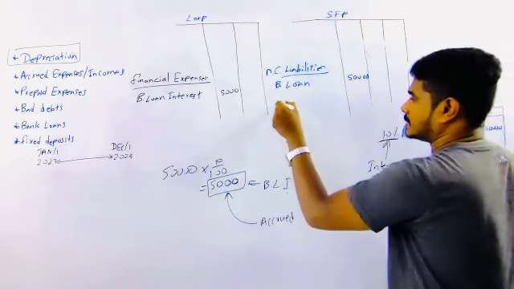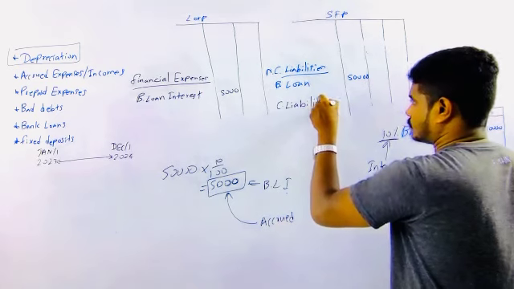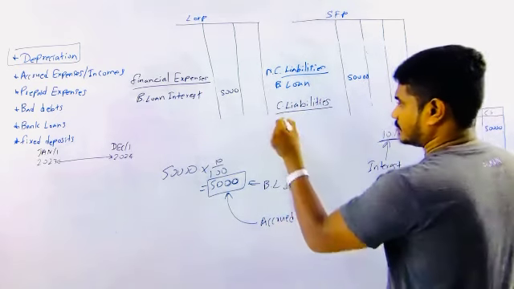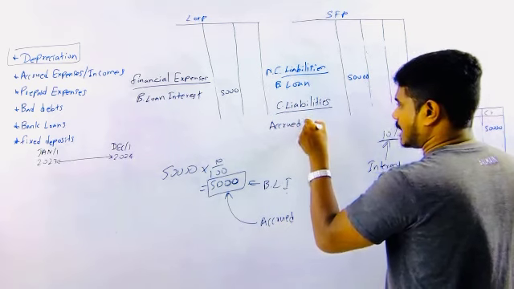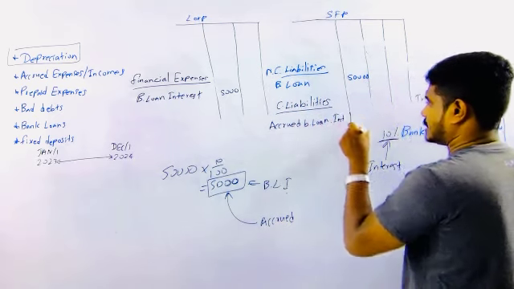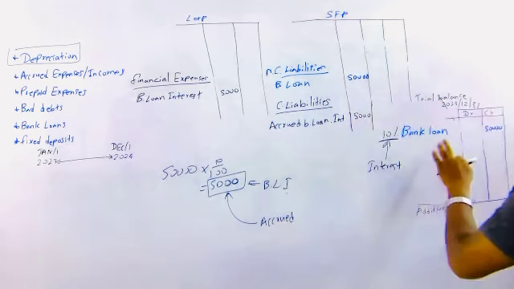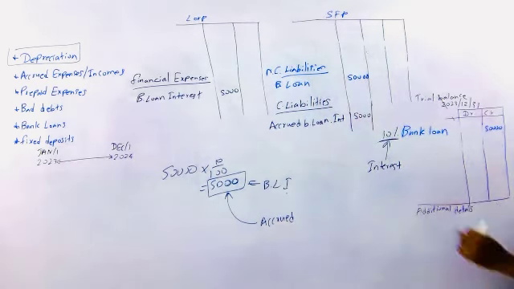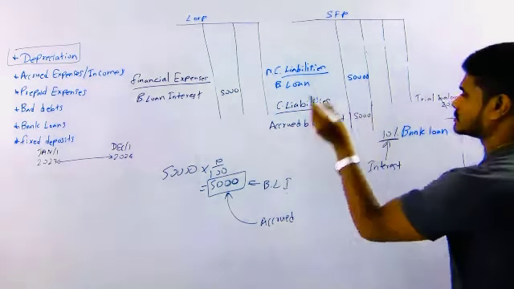So under current liabilities, we have to enter accrued bank loan interest of 5,000, if they have not mentioned it. And sometimes they have mentioned 5,000, so then we don't need to add this 5,000.